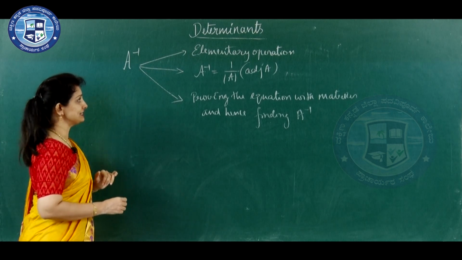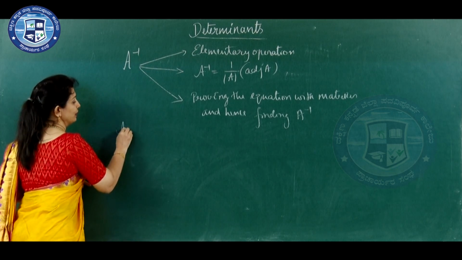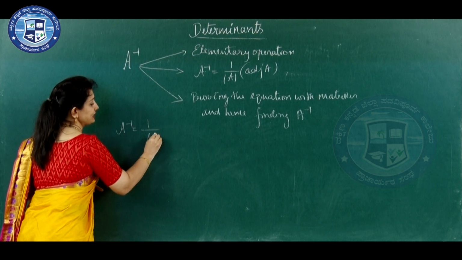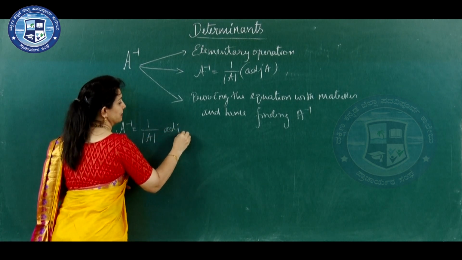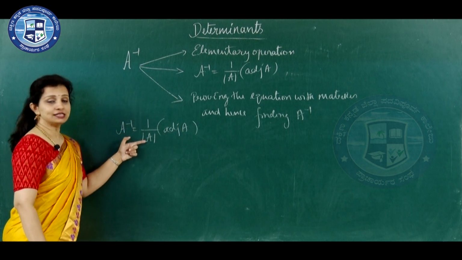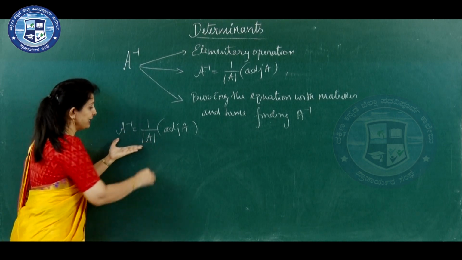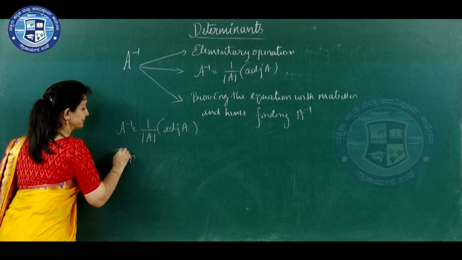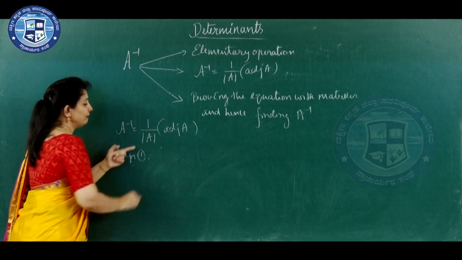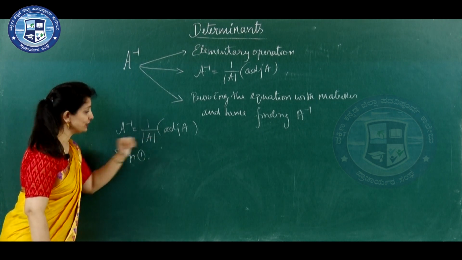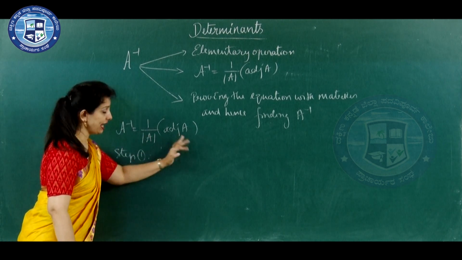And in the second one, A inverse is 1 by determinant A into adjoint A. To find A inverse this way, step 1 is: if determinant A is not equal to 0, then we can say A inverse exists.